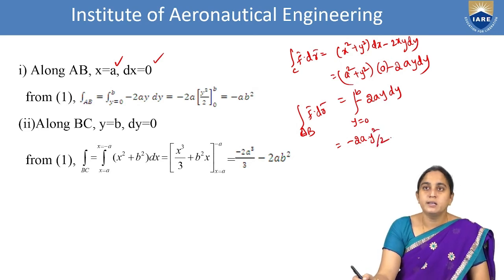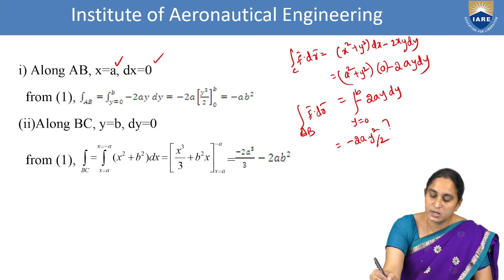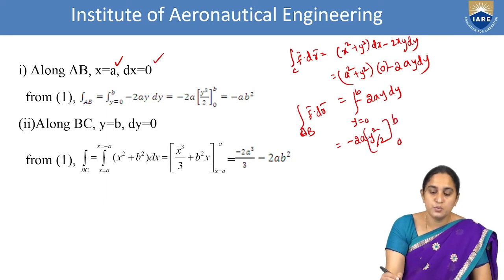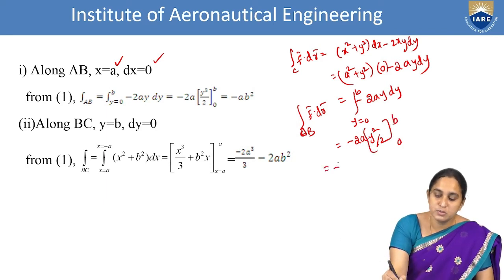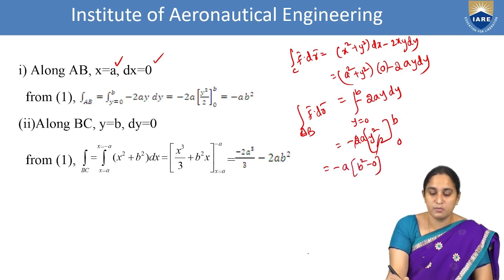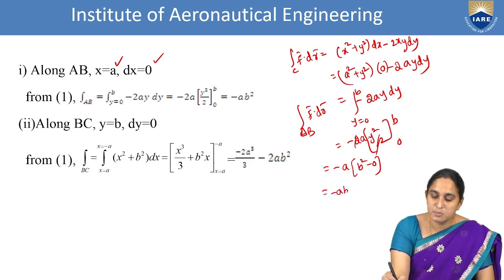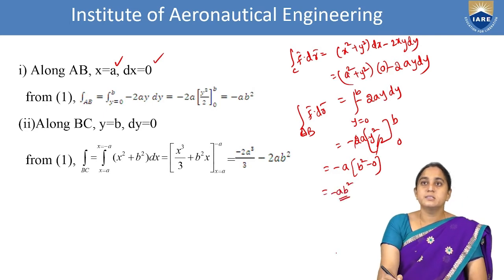The y integration is y square by 2 and the limit points are 0 to b. Then substitute there, here 2 cancels directly, minus a into b square minus 0, that is minus ab square.